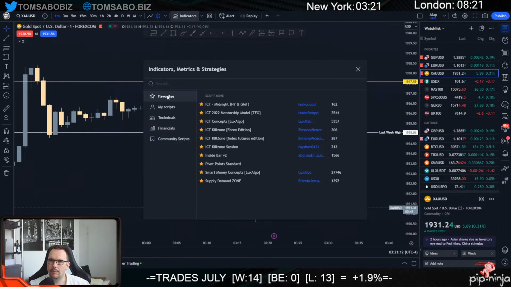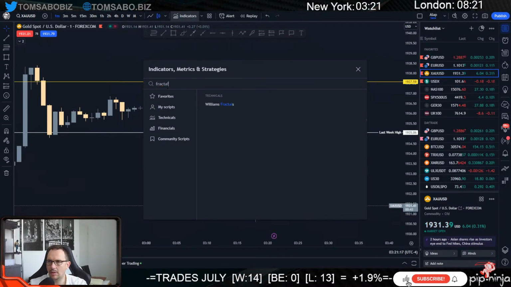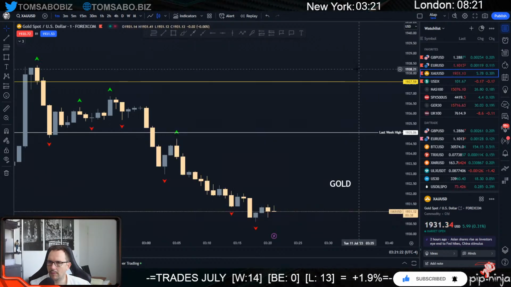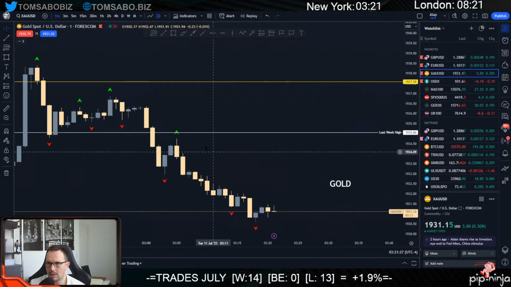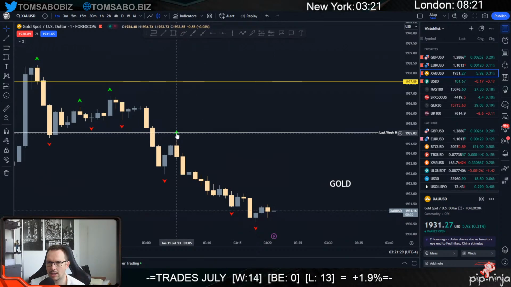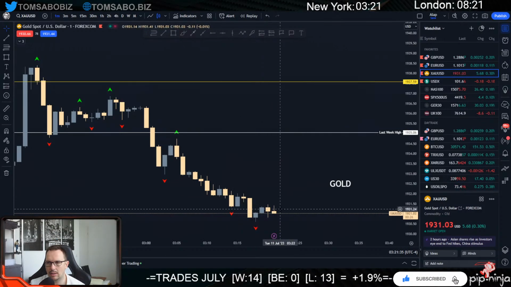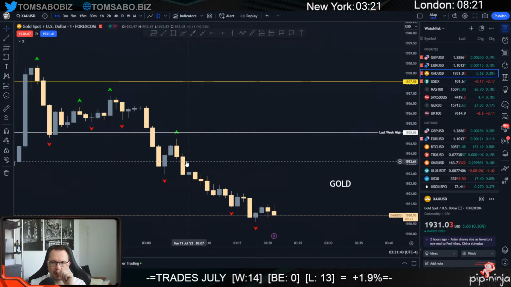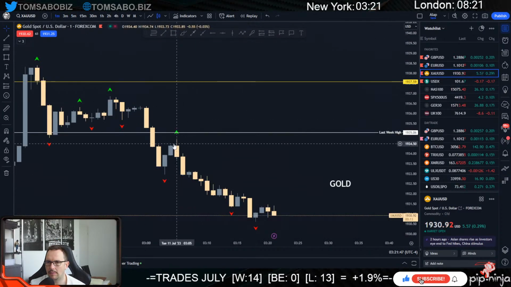We can look for fractals. On the 1 minute, we have a fractal high here, but no swing high, no fractal high all the way down, at least not on the 1 minute. And on the 5 minute, the next fractal high is up there, as you can see.